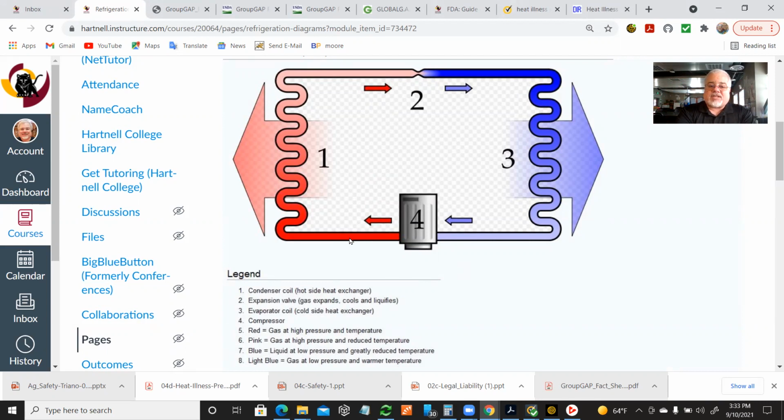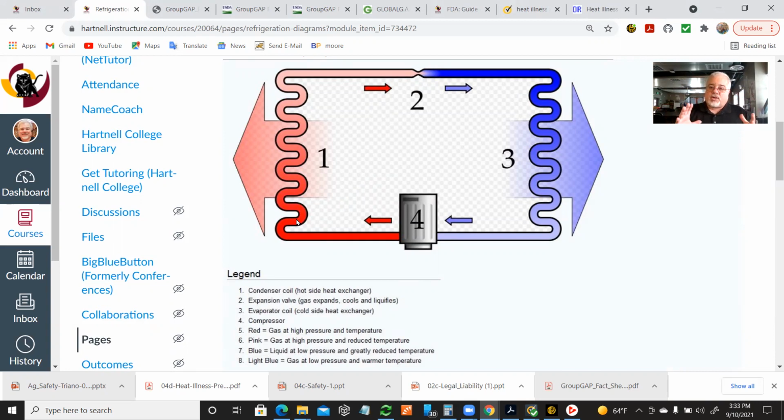And as that compressed gas goes back and forth through these radiator tubes, and these radiator tubes are called a condenser because the gas is condensing back to a liquid, cooling back to a liquid a little bit as it gives up its heat and gives off heat to the atmosphere.